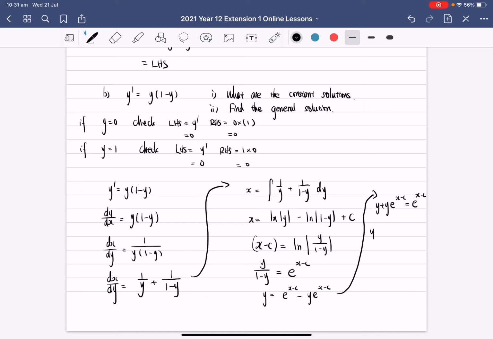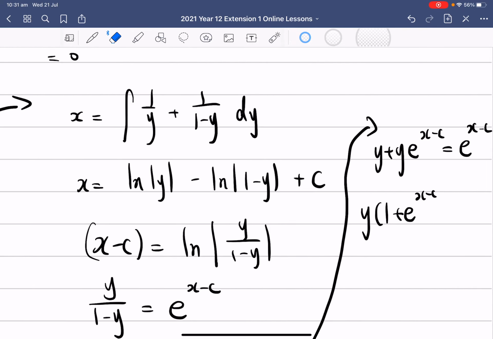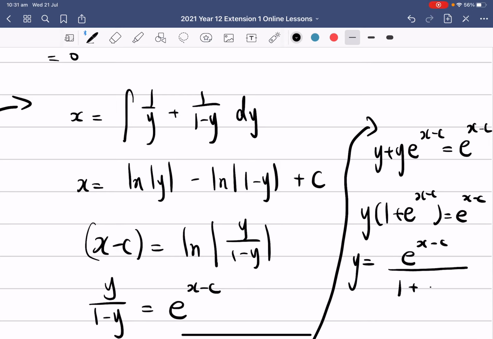Okay, make y the subject. y times 1 plus e to the power of x minus c. All right, and then y is equal to e to the power of x minus c over 1 plus e to the power of x minus c. Okay, that's what you get, and that is the solution. All right. Okay.